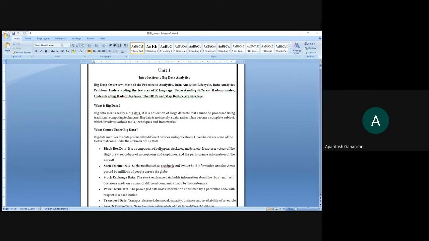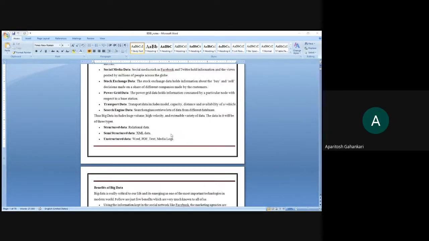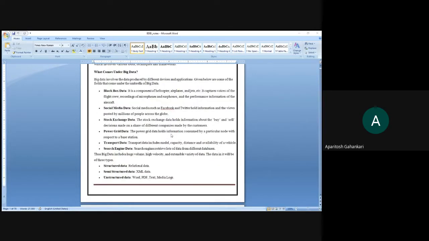So, as you know, in this particular unit, we are going to see the introductory things regarding big data analytics, and what all the sources are that we have already discussed, why the huge amount of data is getting generated, and why and how our traditional database management system is unable to process this kind of huge data that we have seen.